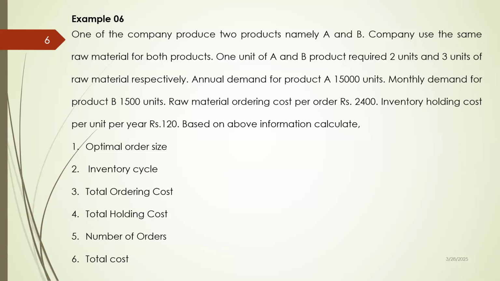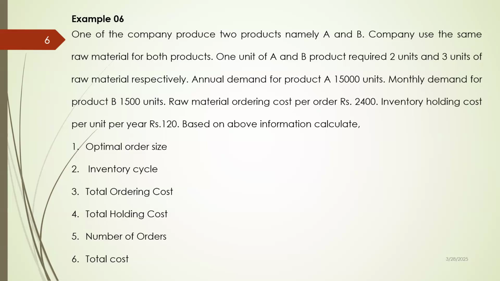The raw material requirement is given: annual demand for product A is 15,000 units. The question said that to produce 1 unit of A and B requires 2 and 3 units of raw material respectively. Then the 15,000 annual demand should be multiplied by 2. The raw material required for product A for the whole year is 30,000.